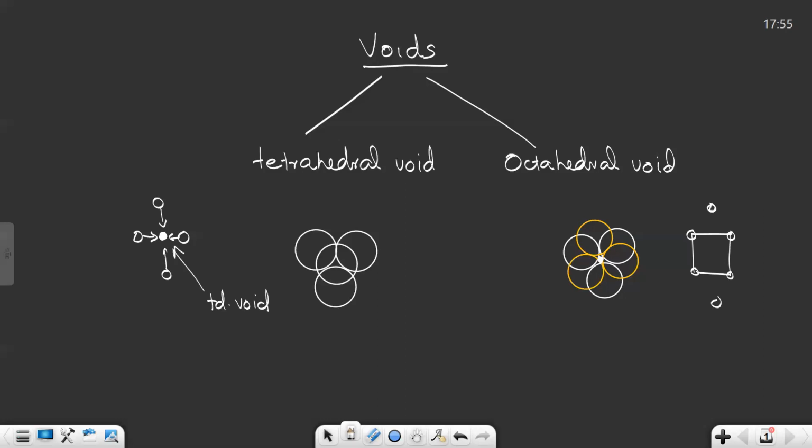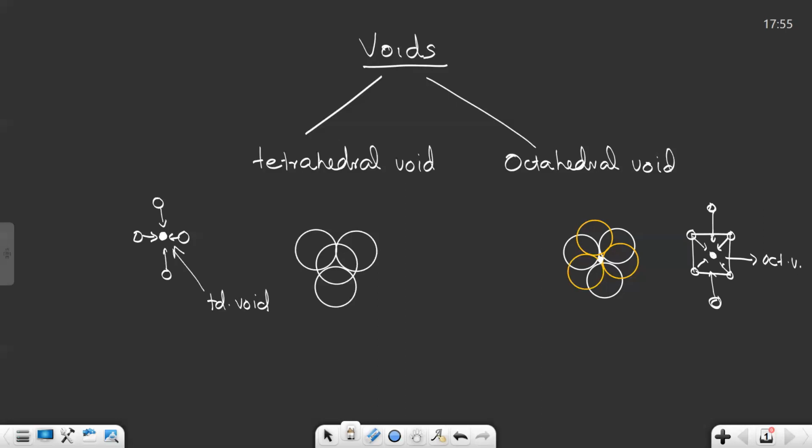Here the vacant space formed will be exactly at the center of this. See, these atoms are closely packed, they are touching each other, and this atom is placed at the top of that, and this is placed at the bottom. So the vacant space formed will be here, and this is known as an octahedral void.